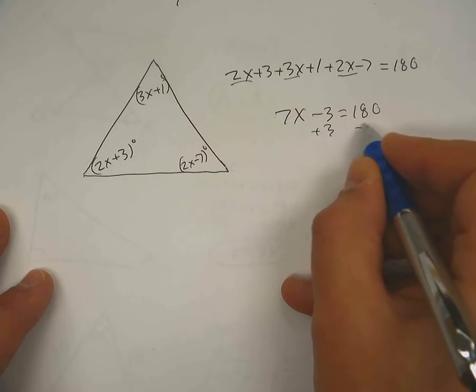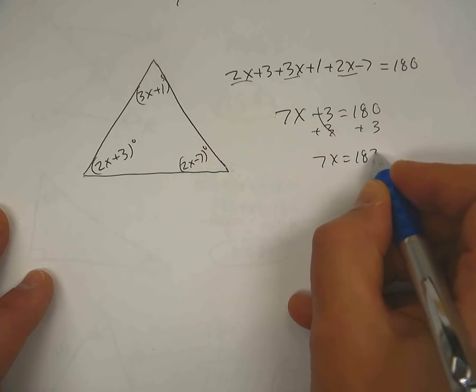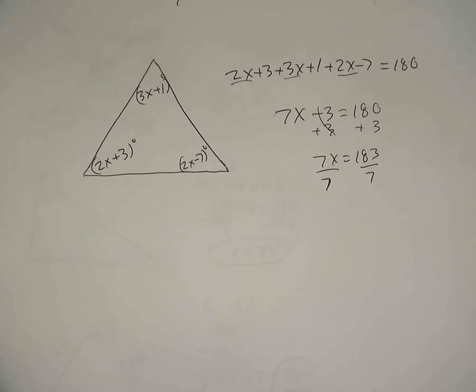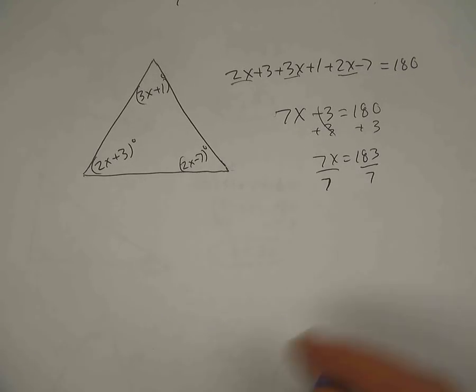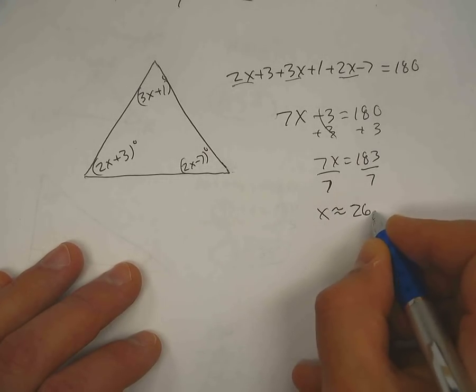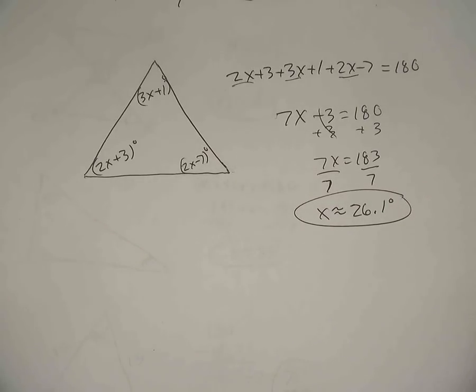Add 3 to each side. I'm left with 7x equals 183. And I divide by 7. So 183 divided by 7, x is approximately 26.1 degrees. Okay, so this is a decimal.